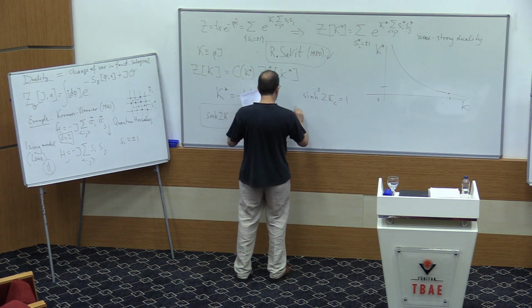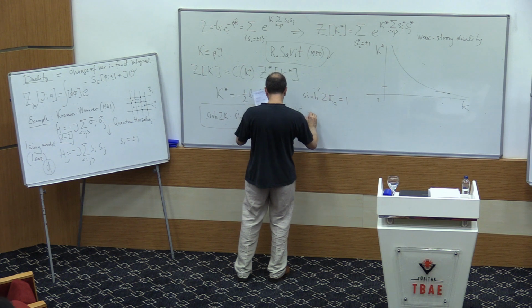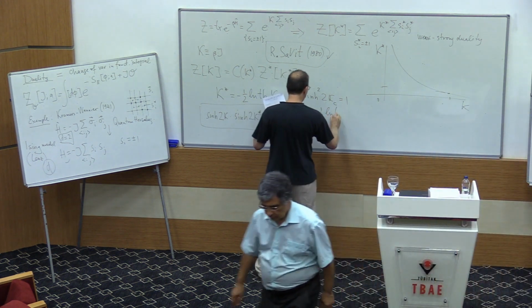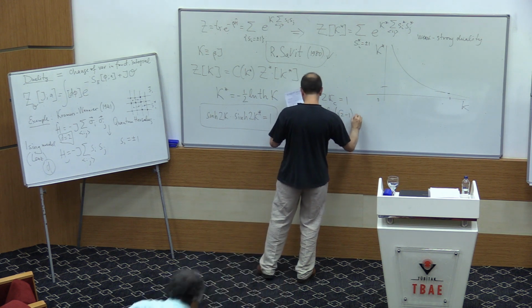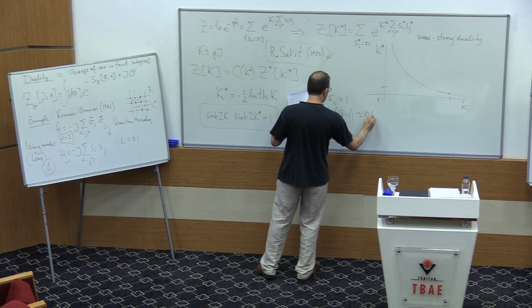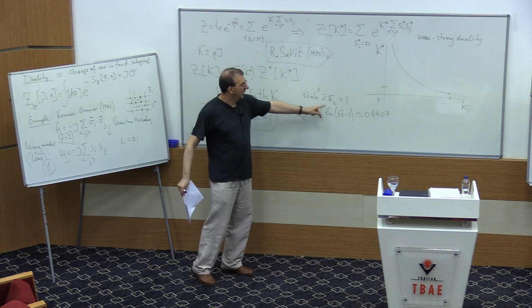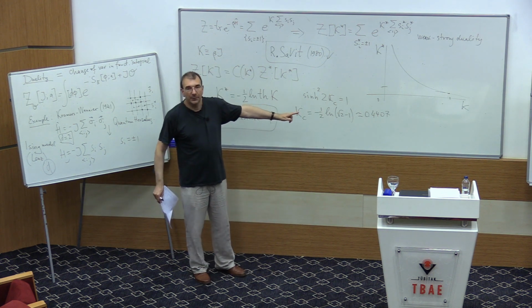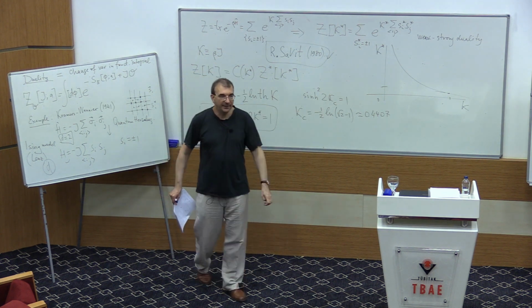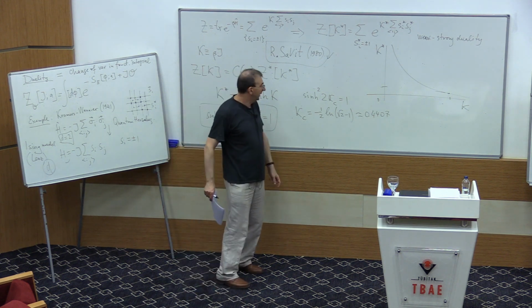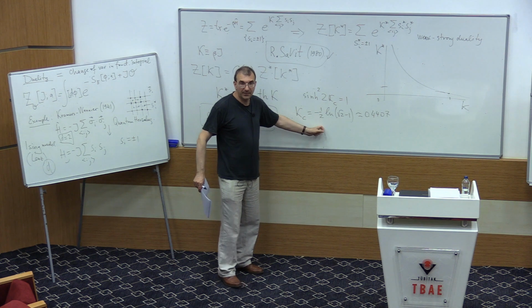And this gives you the prediction for k critical, which happens to be minus 1/2 log of square root of 2 minus 1, which is approximately 0.4407. This was a prediction of the critical coupling by Kramers and Wannier in 1941. And then Onsager got his solution 3 years later. He confirmed that indeed there is a phase transition, and indeed the critical value of the coupling was exactly this.